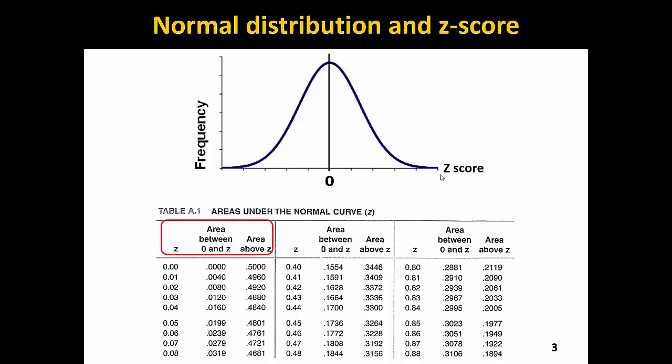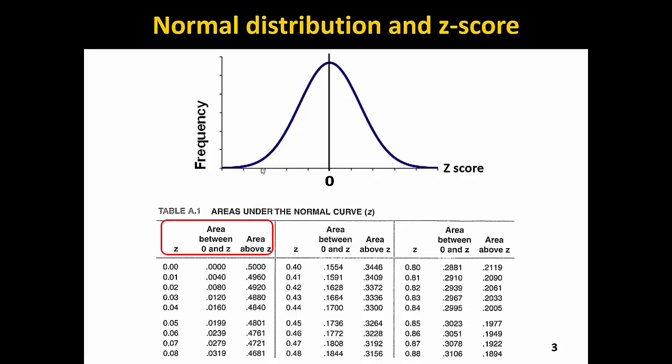In going to the table to determine the percentile, we see three columns. Here we see the z column, and this is the actual z-score computed from the previous equation. We'll end up with a particular value, and then we move to the next column, which is the area between 0 and the calculated z-score.